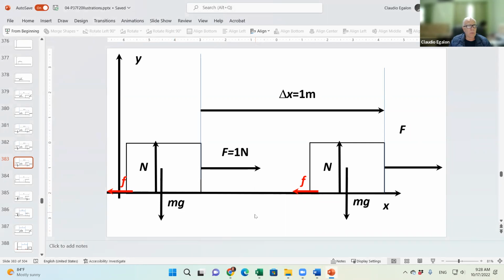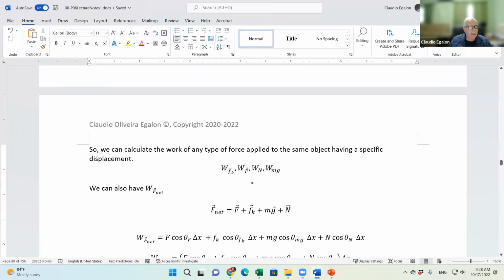In addition to the work done by each of those forces separately, we can also define the work done by the net force. There is something neat about the work done by the net force. It has a very special property. That's why we talk about it.